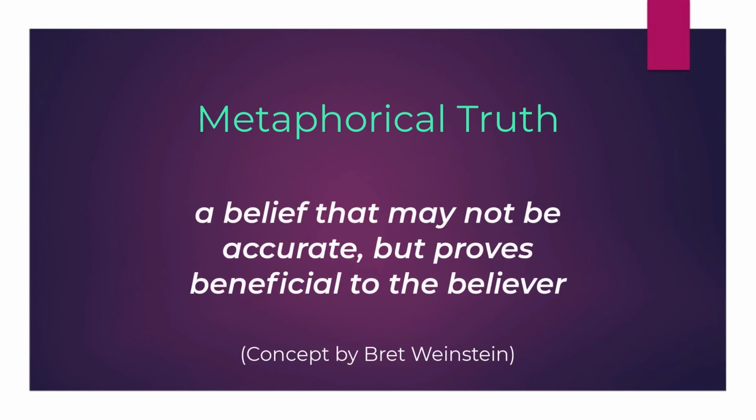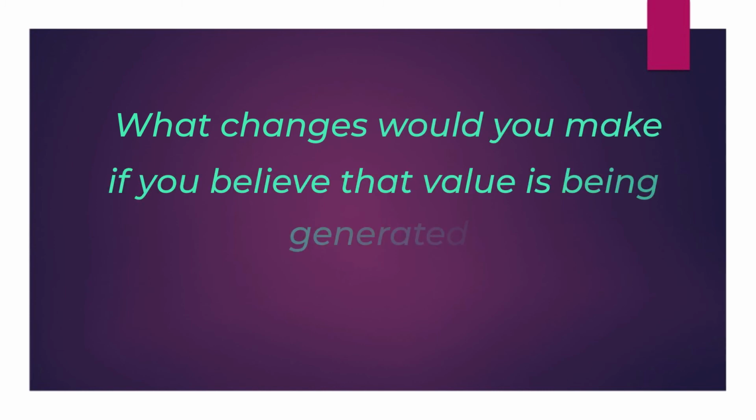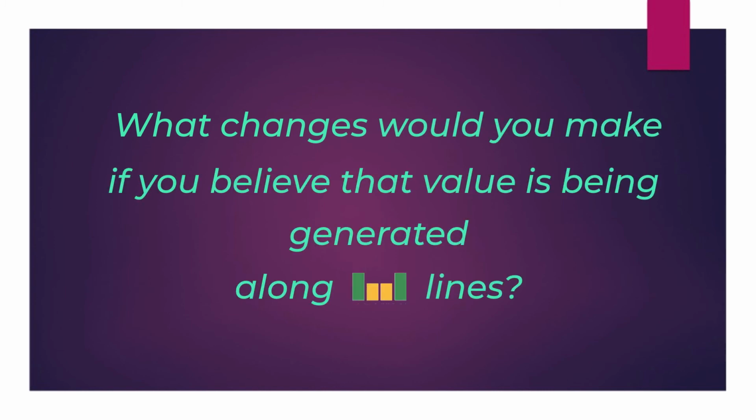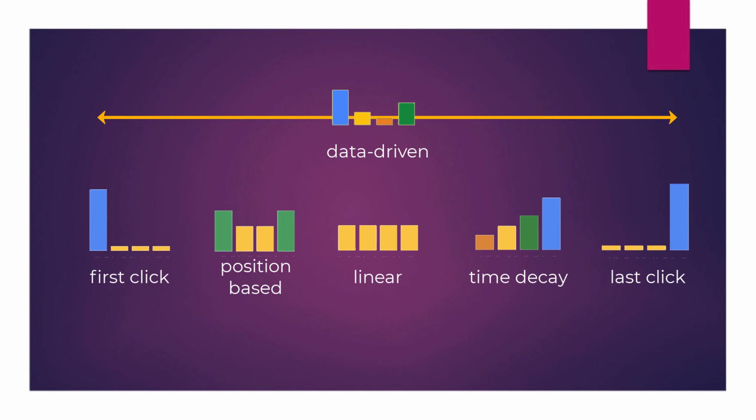The question to ask is, what changes would you make if you believe that value is being generated along these lines? And what effect will those changes have? So, pictures rather than genuine models of behavior.